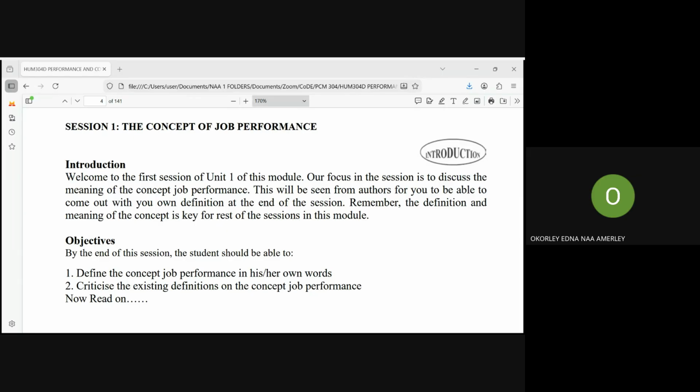You can put it in brackets, Dorcas 2026. That is your own personal definition, or Rebecca 2026, or Lillian 2026. Right. So now let us move on with the class.